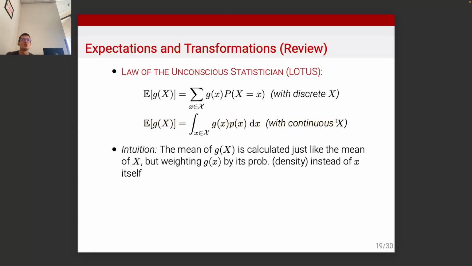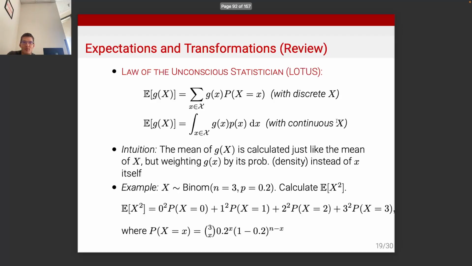And here's the intuition. We already introduced it, but it's good to talk about it from a few different angles. So the intuition is this weighted average idea of g of x. And here's an example for you. This is an example which maybe we can do as a practice problem. This is how you calculate E of x for the binomial distribution.